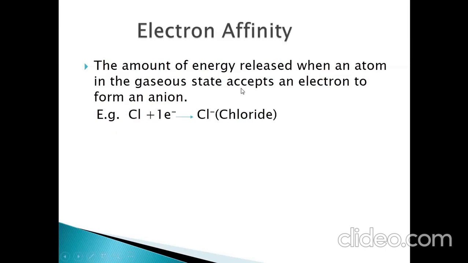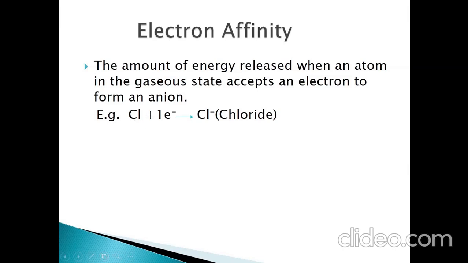Now let us understand electron affinity. It is the amount of energy released when an atom in gaseous state accepts an electron to form an anion. Generally, a non-metal accepts an electron and becomes an anion. Here we have taken the example of chlorine. The electronic configuration of chlorine is 2,8,7. So it requires one electron to complete its octet.